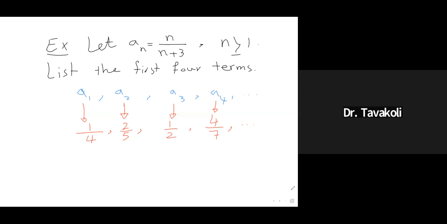For example, when I have this sequence, let the general term be n over n plus 1, and n runs from 1 through infinity.